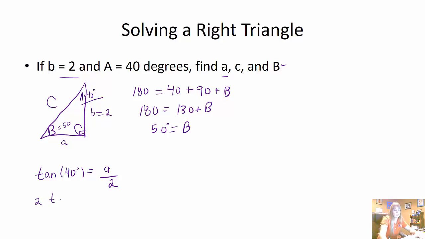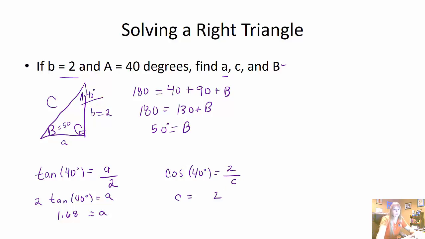Meaning I would take 2 times tangent of 40 degrees, plug that in a calculator, and get something like 1.68. Then because I know the adjacent, it makes sense to use the cosine: cosine of 40 degrees equals 2 over c, and then I can solve for c.